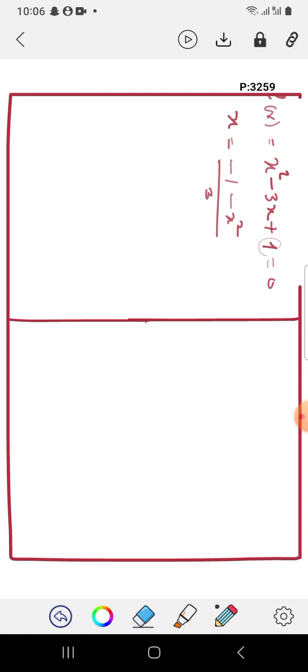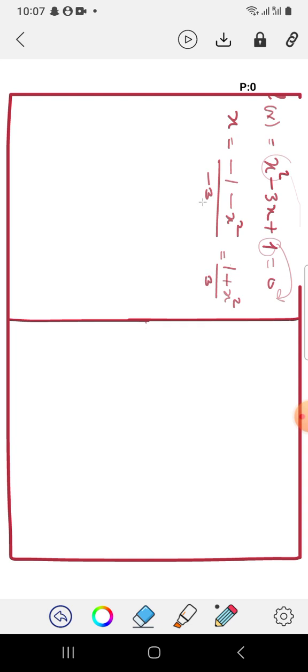What I did is that I moved this 1 over, then I moved this x squared over. This is going to be minus 3, of course. And then to simplify it further, it's actually 1 minus x squared, plus x squared, everything over 3. That's what it's going to be.